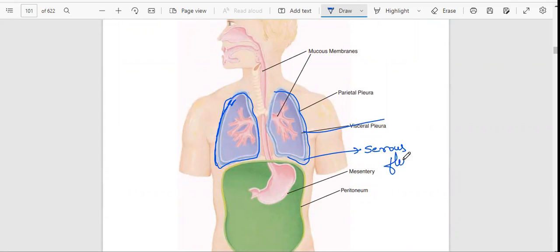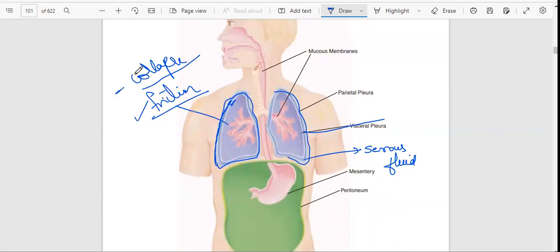What will it do? It will prevent the lungs from friction and collapse. It will protect the lungs from collapse and friction, so the lungs will not get damaged, and it also keeps the lungs very lightweight.